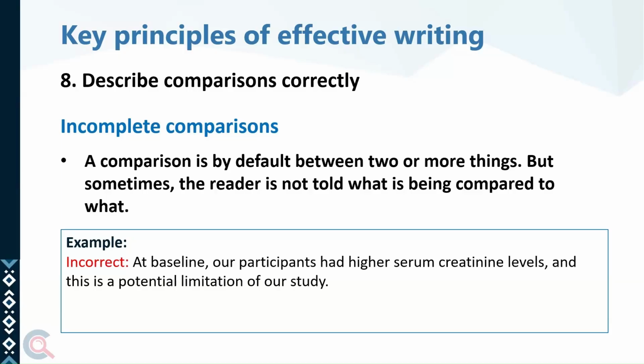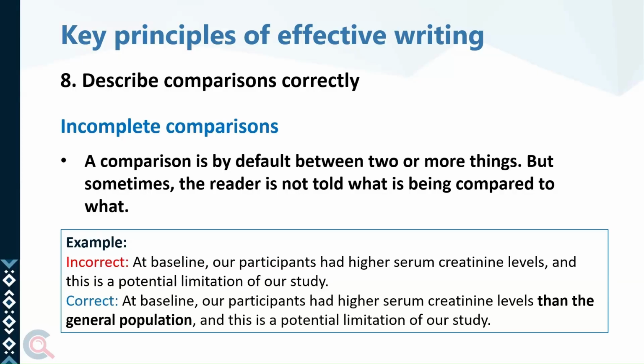Higher compared to what is not stated, so it is an incomplete comparison. A correct way of saying this is, "At baseline, our participants had higher serum creatinine levels than the general population, and this is a potential limitation of our study."